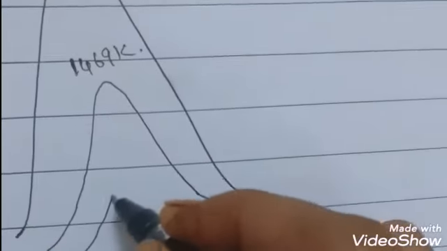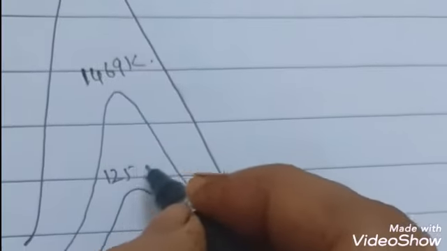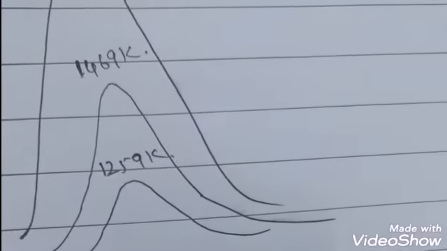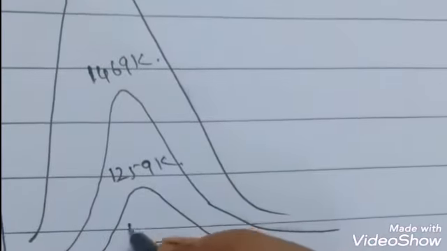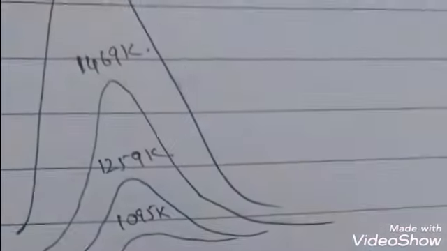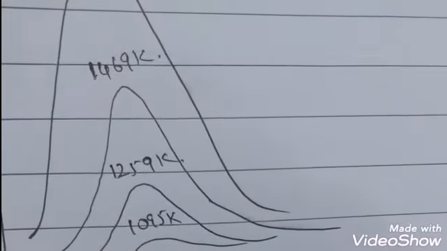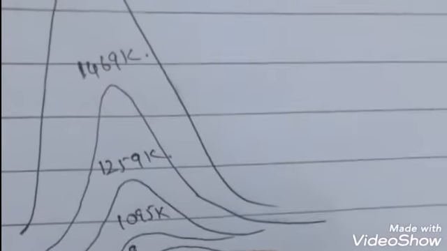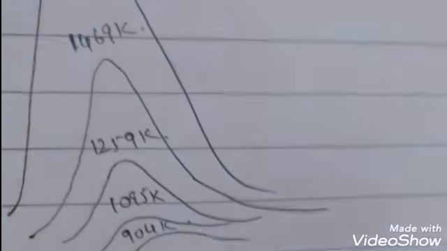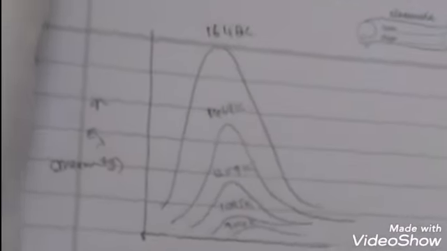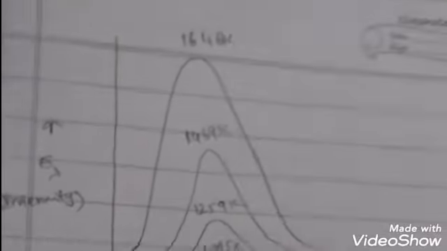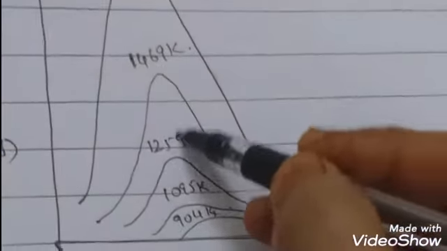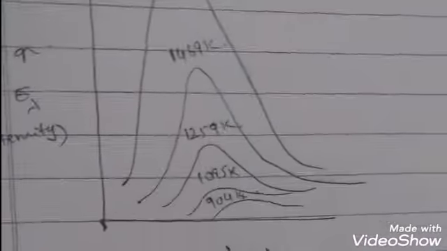Another curve like this, 1259 Kelvin. Like this we'll get 1095 Kelvin, and one flat curve like this which is 904 Kelvin. Like this we'll get different curves at different temperatures, okay, right?